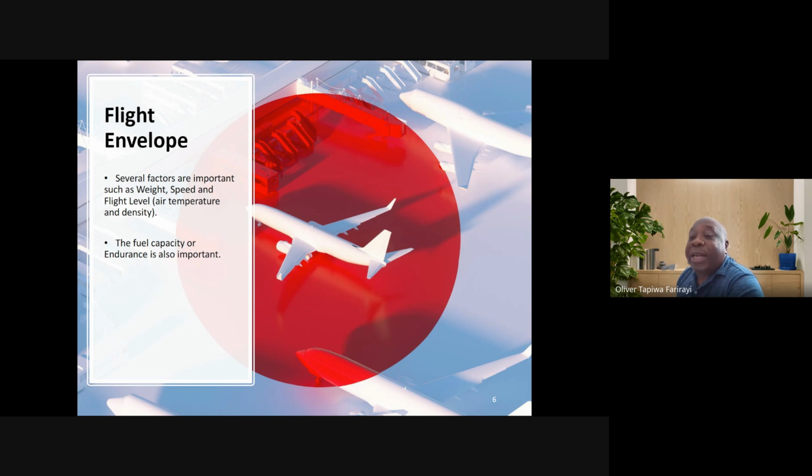But you might not get where you're going. Or you might get there, but when you reach there, you do not have enough fuel for diversion. If everyone's clear with this envelope thing, we shall call it an envelope thing because we are trying to adjust something into it, great. Now let's have a look at what the notes say.